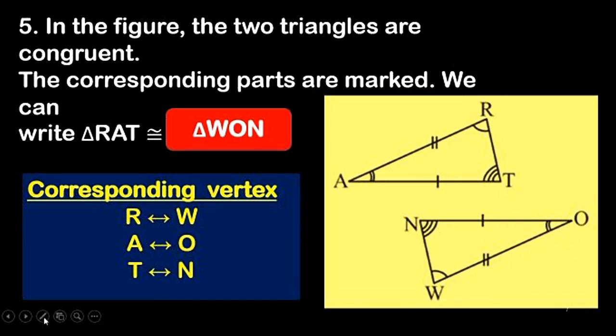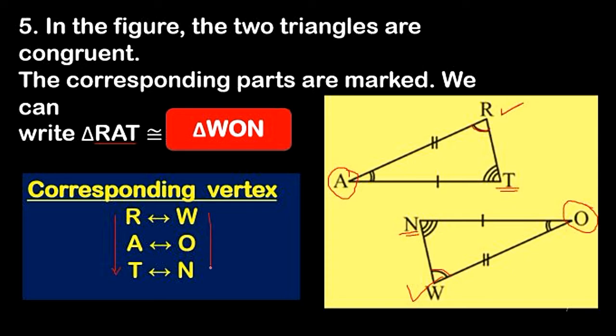What I have done, I will just show you. Here I want RAT. So R is corresponding to W. Both are shown with single lines. So these vertices are corresponding. Second, A is corresponding to O. This T is corresponding to N. So now RAT, I have taken RAT following the same sequence.